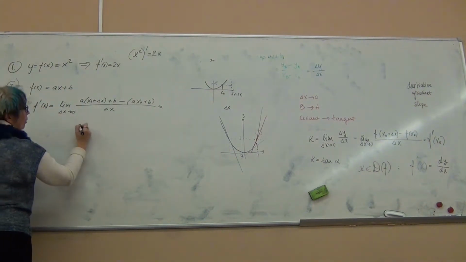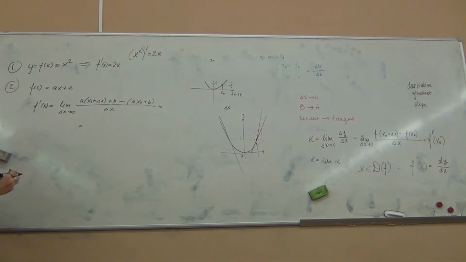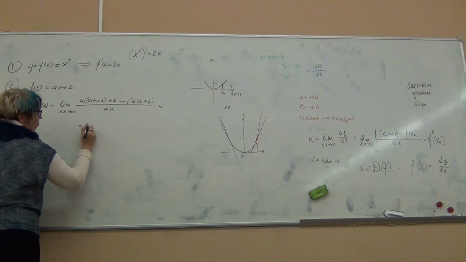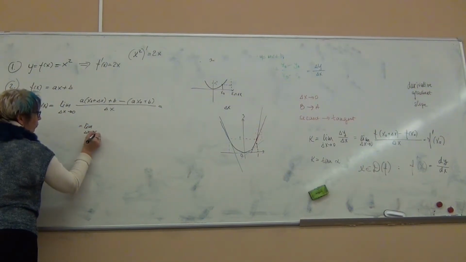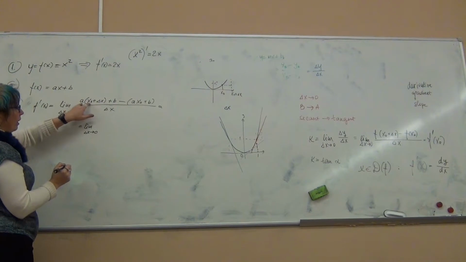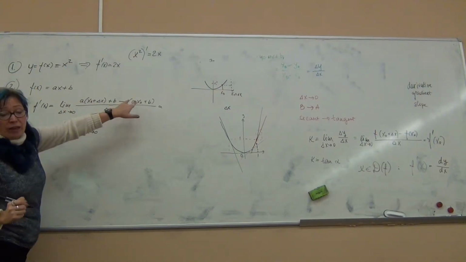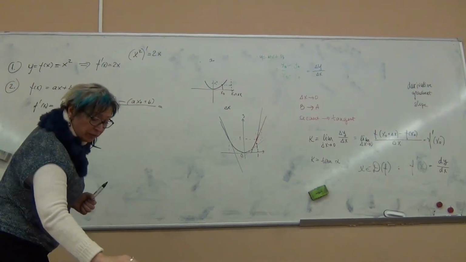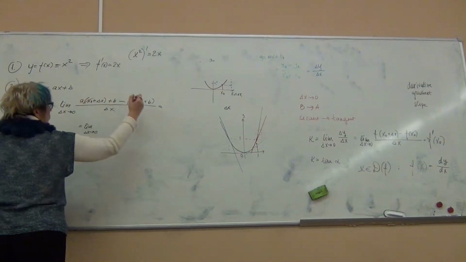So for any point x0, we have now ax0 minus ax0, these two cancel out.